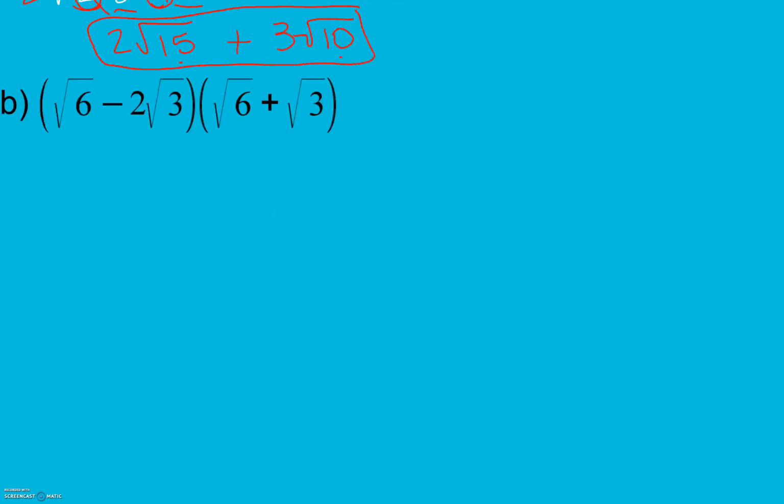In B, I have 2 things times 2 things. So very similar to when we had a binomial times a binomial, and we're going to have to FOIL here. You could also use a table if you wanted. That would work too. So I'm going to take my firsts, outsides, and remember here we're multiplying, guys.